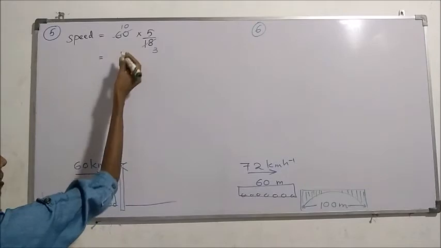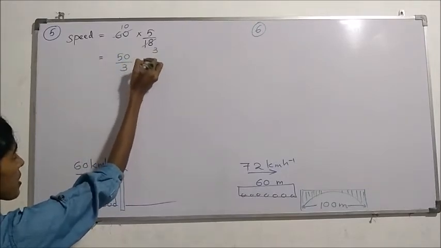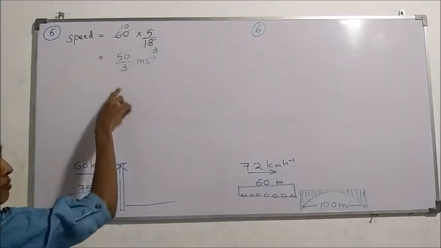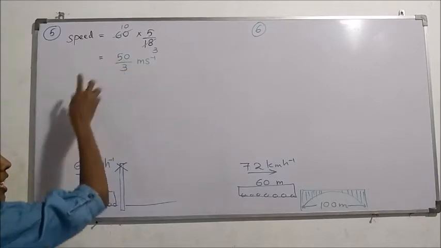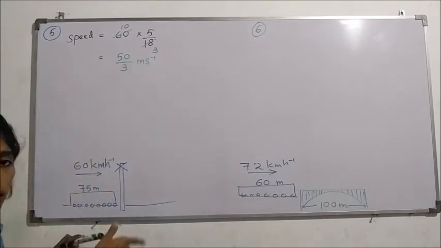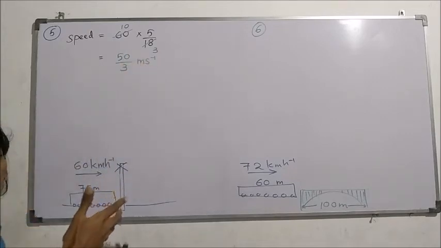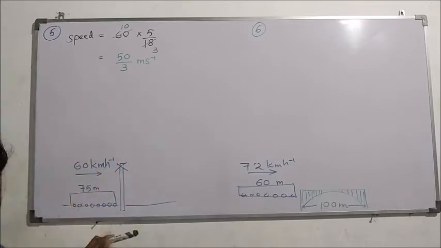Now the remaining numbers can be multiplied. 50 over 3 meters per second. I am not going to convert this improper fraction into a mixed number. Why? I need to apply this speed in the formula again to find the time duration. So if I convert this into a mixed number, again in the formula I have to convert it into an improper fraction. So you can stop from here.